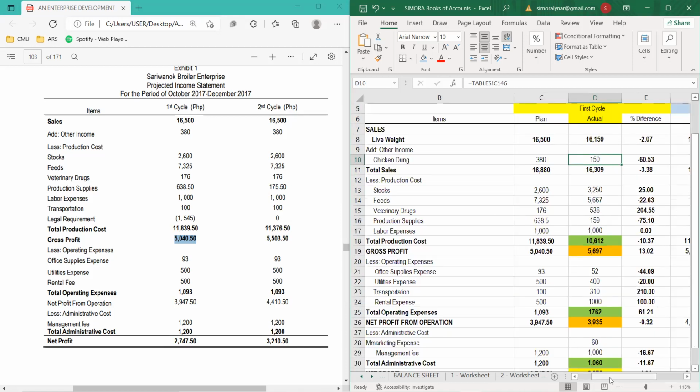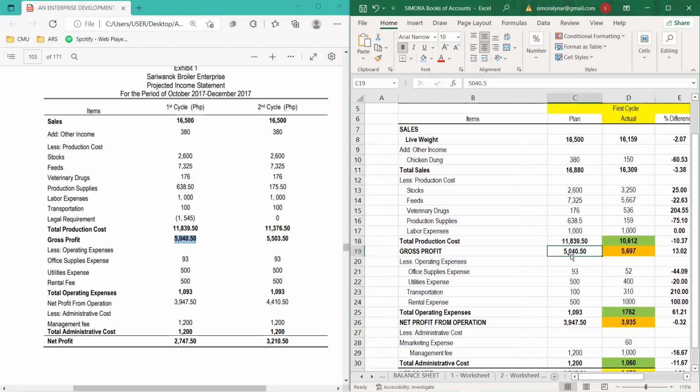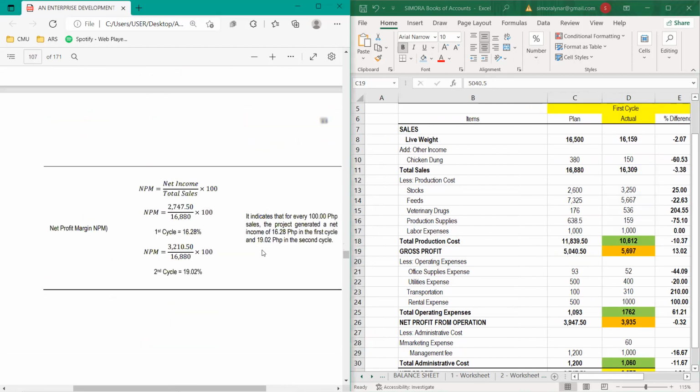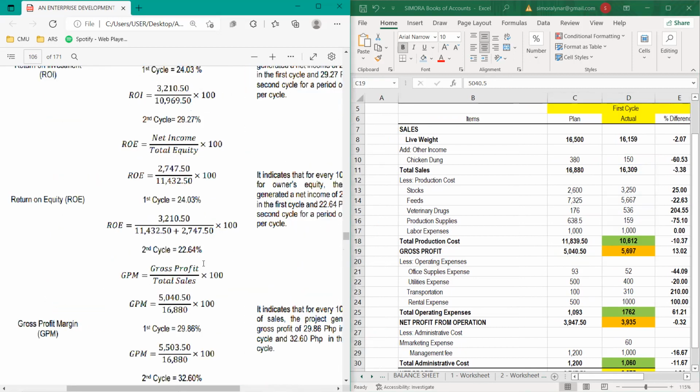So let's continue. As you can see here, my gross profit is 5,040. So this is actually based on sales less the total production cost. Based on the total production cost, that's why we had gross profit. So let's continue to our gross profit margin.